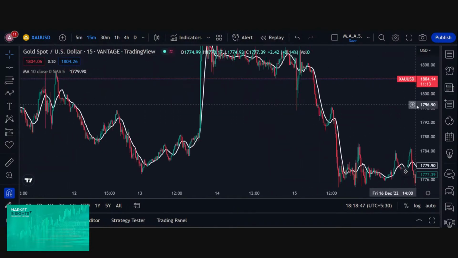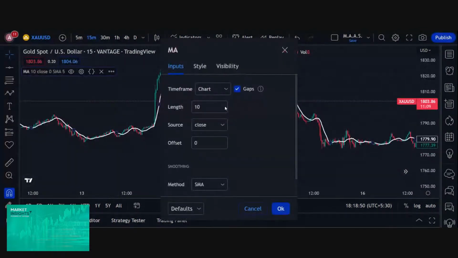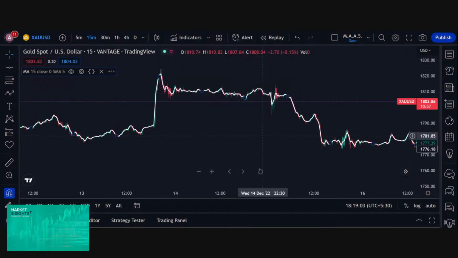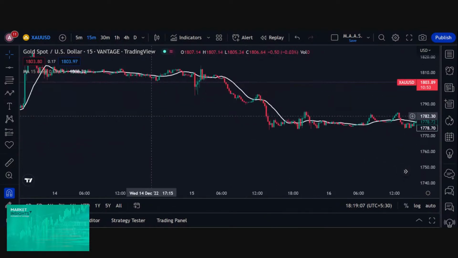The second perspective is that the moving averages can be understood as a very good support and resistance block. They themselves act as support and resistance, multiple times.